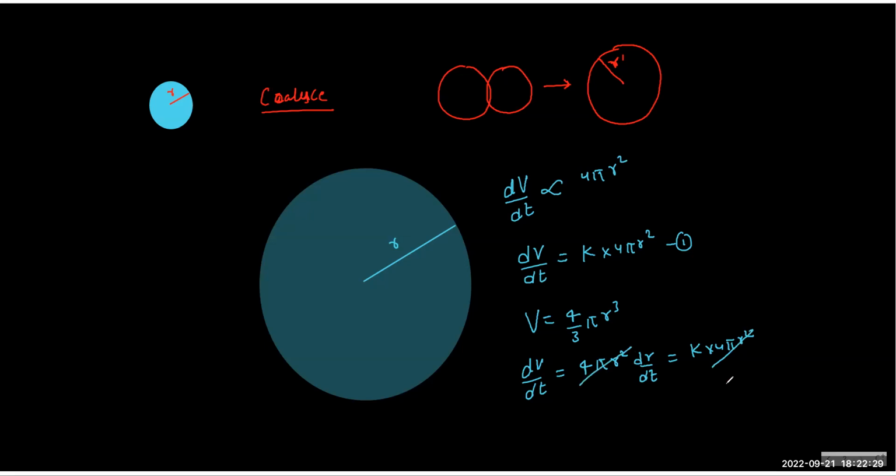So the 4 pi r square gets cancelled. So what you get is dr by dt is some constant, isn't it? Yes. Which means the radius is growing, but it is growing at a constant rate. And this is what we have to prove. So I'll say hence proved.